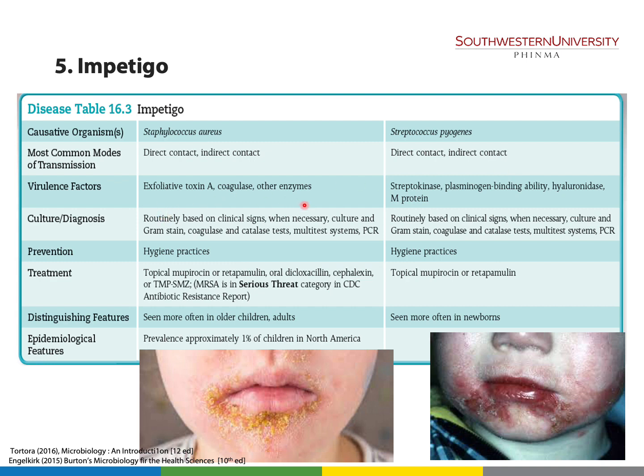As for virulence factors, Staphylococcus aureus has exfoliative toxin A, coagulase, and other enzymes. Streptococcus pyogenes has streptokinase, hyaluronidase, and M protein. M protein is the major virulence factor for Streptococcus pyogenes, while for Staphylococcus, coagulase is the major virulence factor. To distinguish the two, you need to perform biochemical tests.